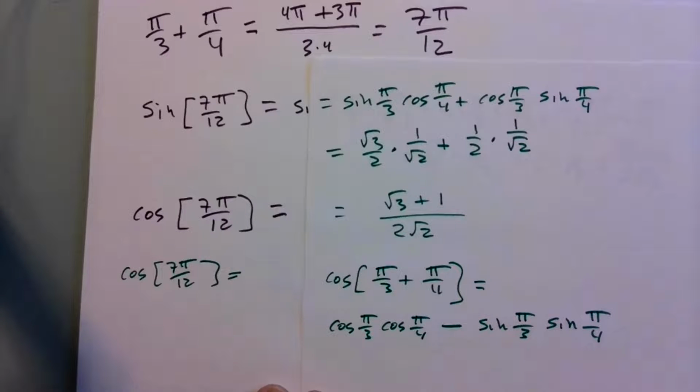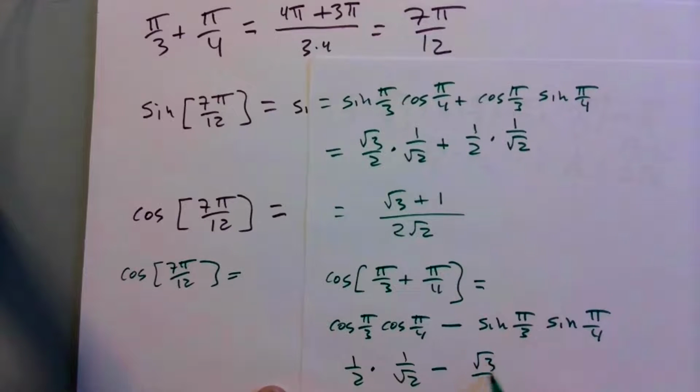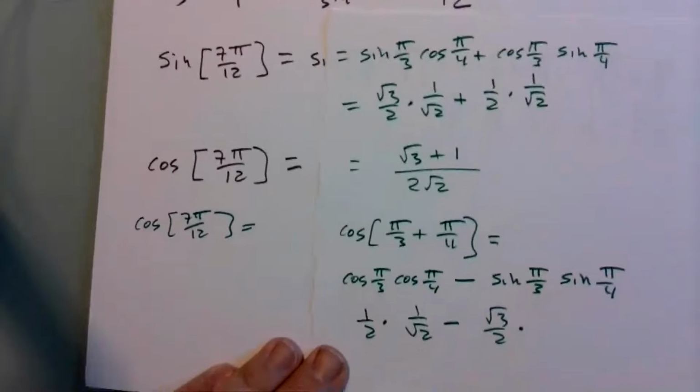Let's see, cosine of pi over 3. Cosine of pi over 3 is a half. Cosine of pi over 4 is 1 over root 2, minus the sine of pi over 3 is root 3 over 2, and the sine of pi over 4 is 1 over root 2.